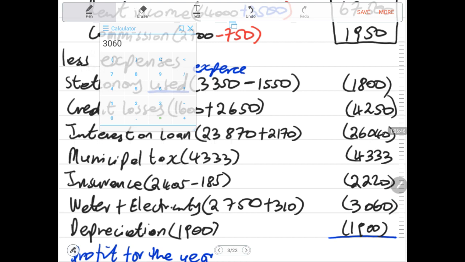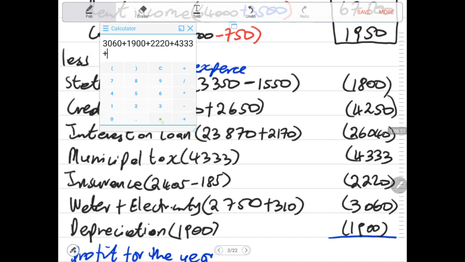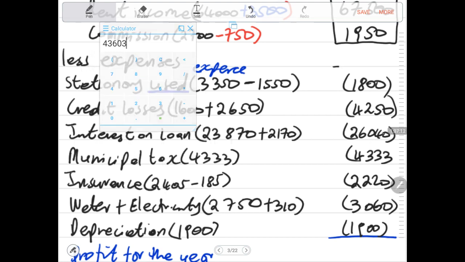Then we add all of them, plus 1.9 plus 3,220 plus 4,333 plus 2,640 plus 4,250 plus 1.8. We get 43,603.